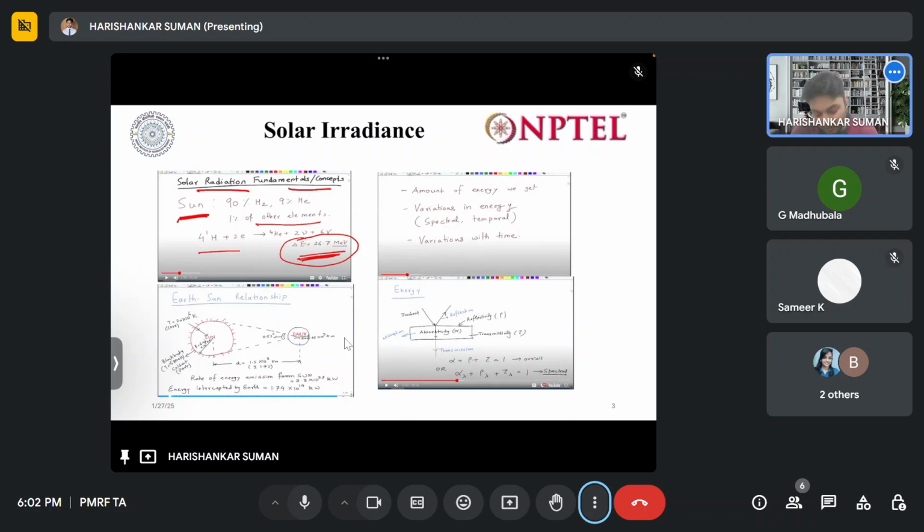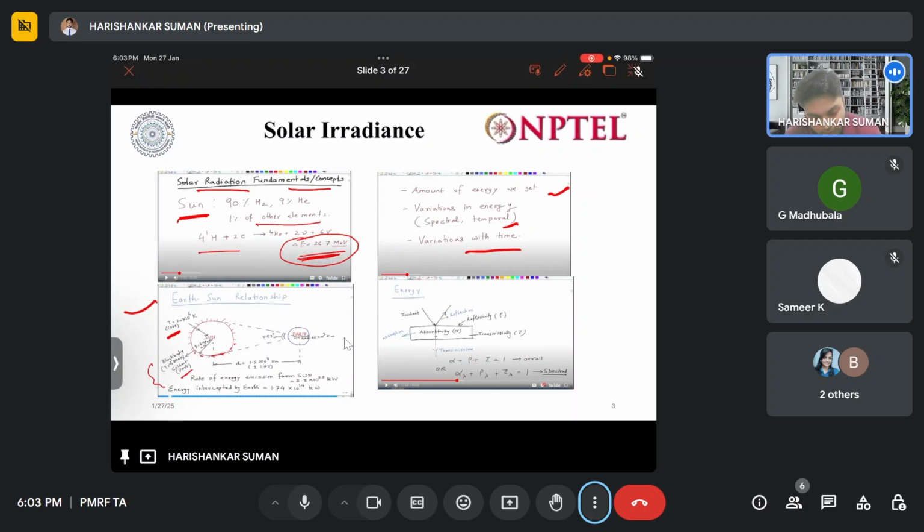Also we can see the amount of energy we get, the spectral and temporal variation with time, one by one, and this is the geometry concept. The sun temperature is about 10 to the power 6 Kelvin at the core, and the coldest part is the blackbody, we can see 5800 Kelvin at the outer part.